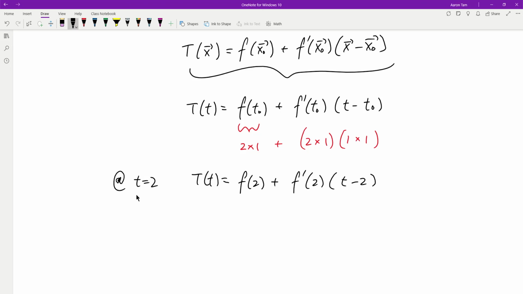Maybe I should write this as t sub 0 equal to 2. Technically it's t equal to t sub 0, and since this is t equal to 2, 2 and t sub 0 are the same, but if you get confused, you can say at t sub 0 equal to 2 if you want.